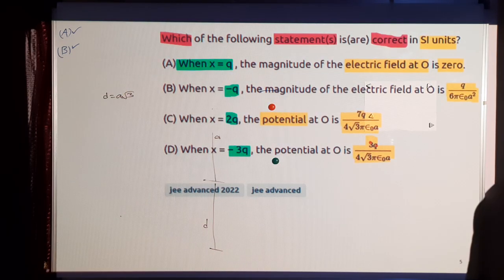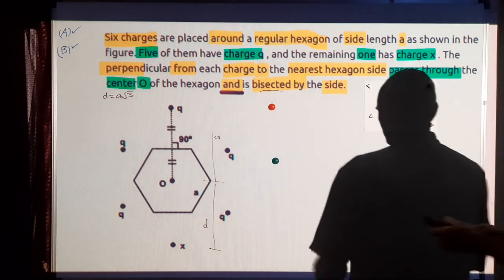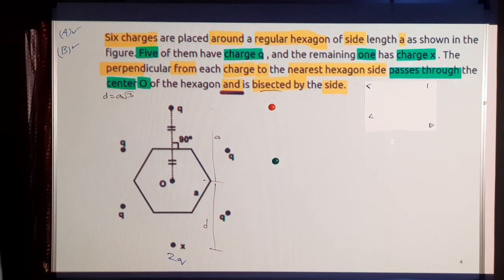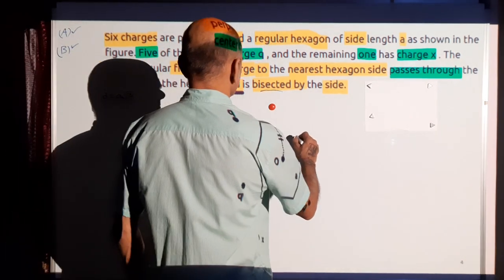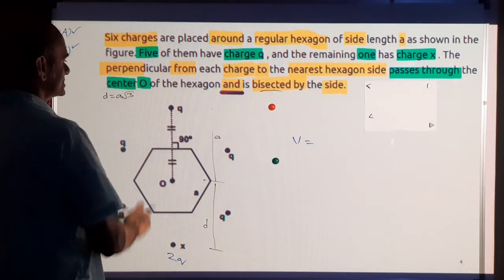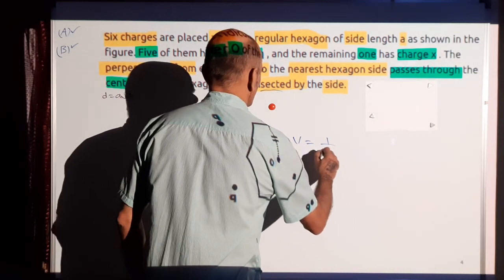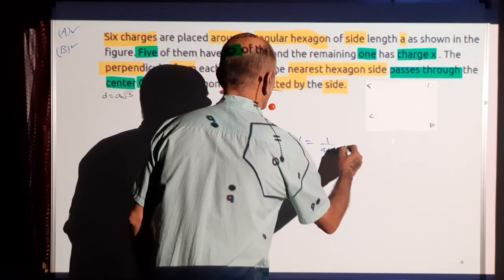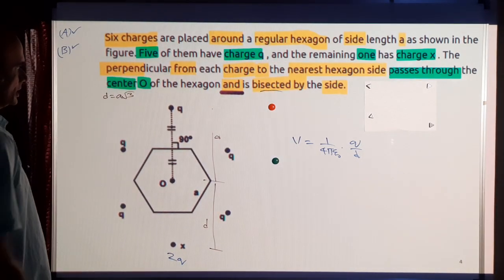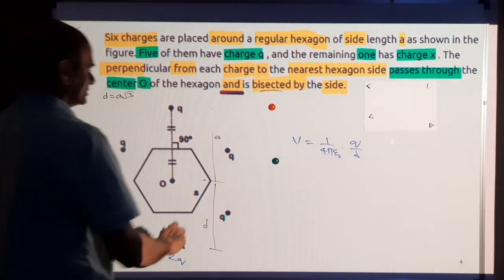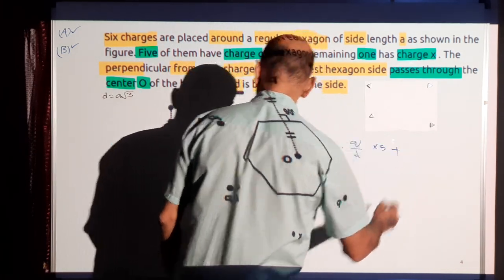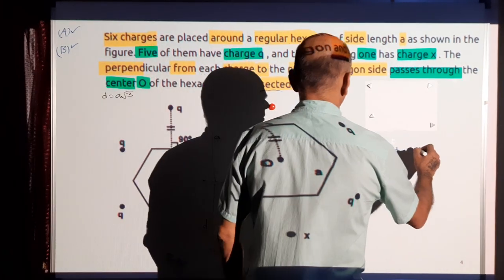Third option, C option, the charge is 2Q. So to find the potential at this point O, the potential due to the individual charge is 1 by 4 pi epsilon naught into Q by D. And the second is also Q by D. So this Q by D will happen 5 times, plus this last charge will have 2Q.